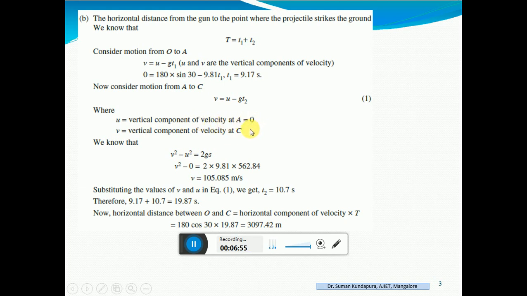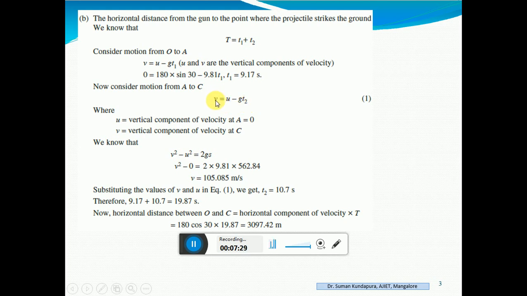So now, since the motion is from A to C, the final velocity of the previous part, from O to A, will be the initial velocity for A to C. So the initial velocity will become 0, and the final velocity will be v, the vertical component of the velocity at point C. So v is equal to u minus g t2.